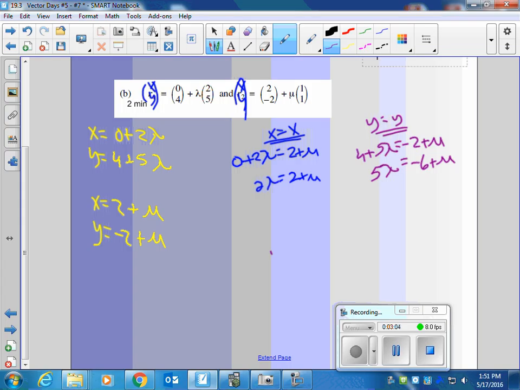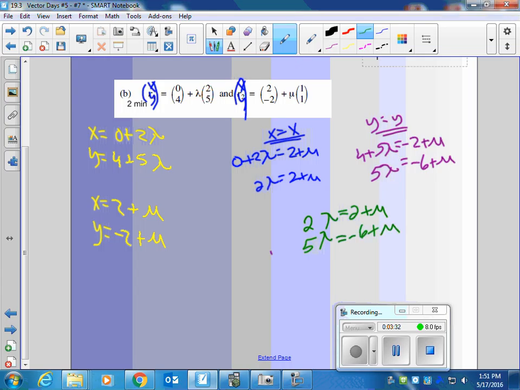So this should be off. Really? There we go. All right, so then you just put these two together, and you'll have 2 lambda equals 2 plus mu. 5 lambda equals negative 6 plus mu.